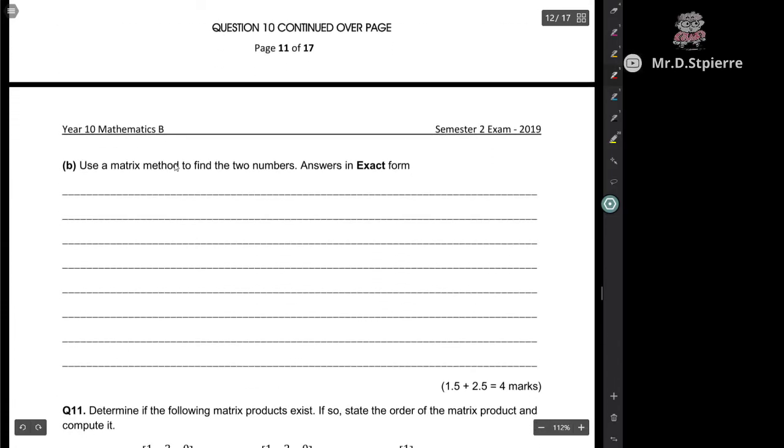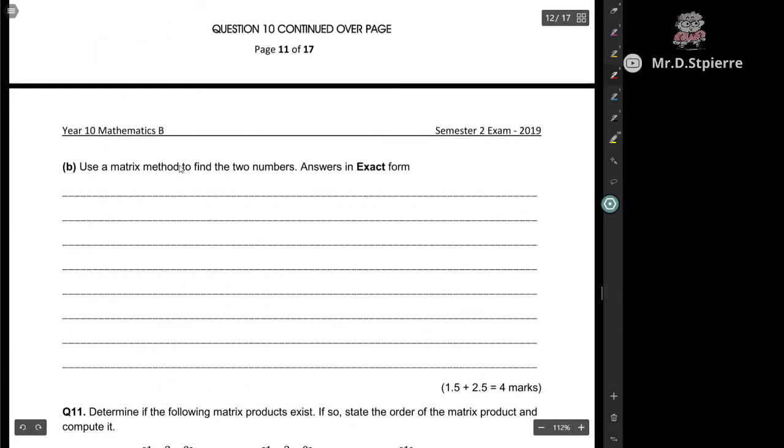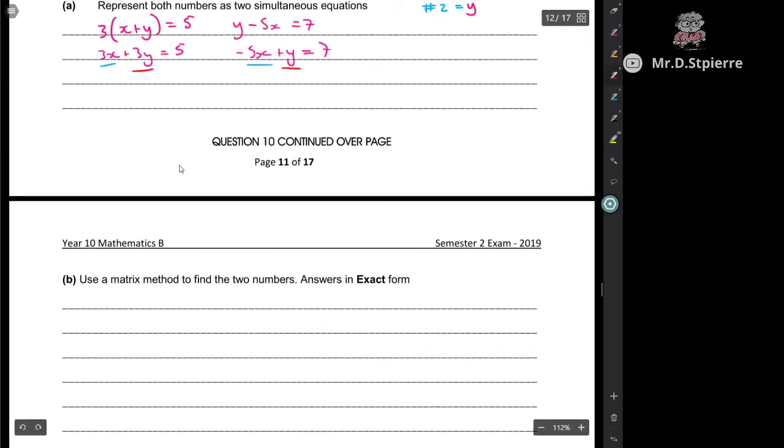So what do we get from this? Well, from those above two equations, we could write that as a matrix where the first matrix is our coefficients, 3, 3, negative 5, 1, multiplied by a matrix that has our variables in it will equal 5 and 7.